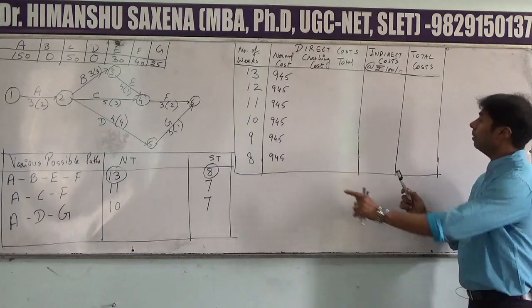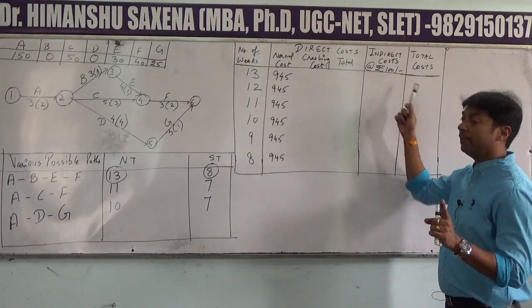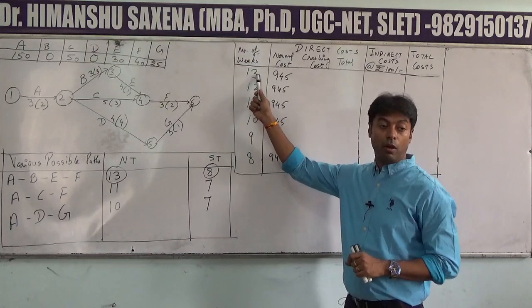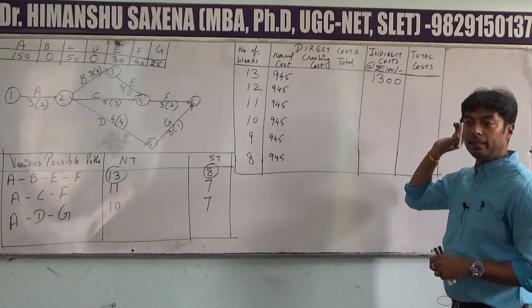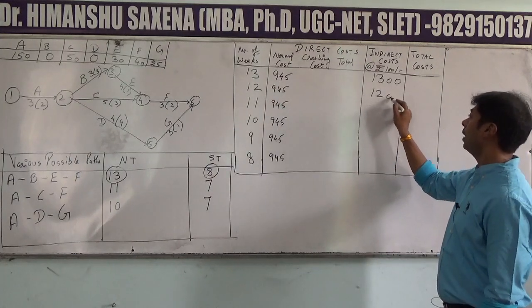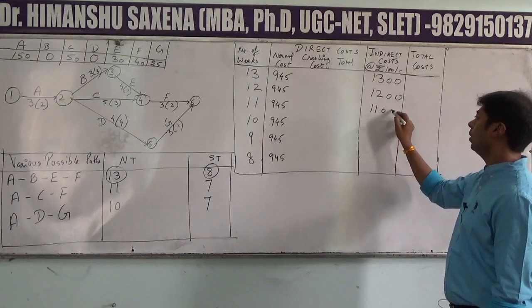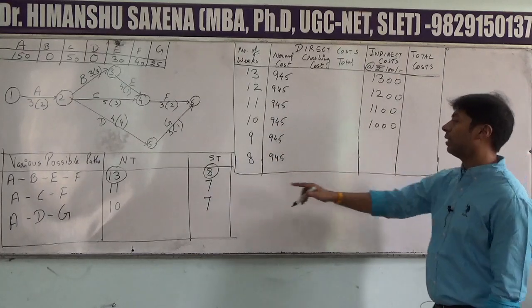Now see, indirect costs were rupees 100 per week. If the indirect cost of 1 week is rupees 100, then the indirect cost of 13 weeks will be equal to 1300. The indirect cost of 12 weeks will be 1200. The indirect cost of 11 will be equal to 1100. For 10 will be equal to 1000.